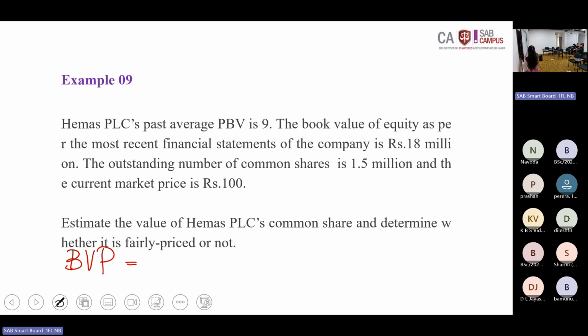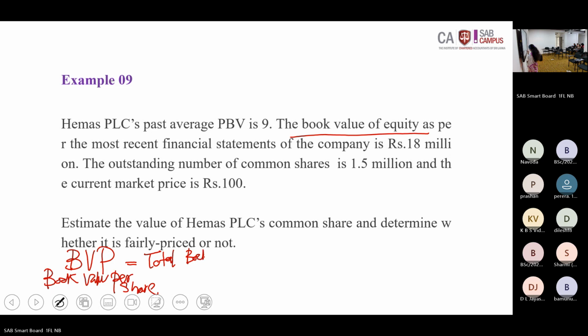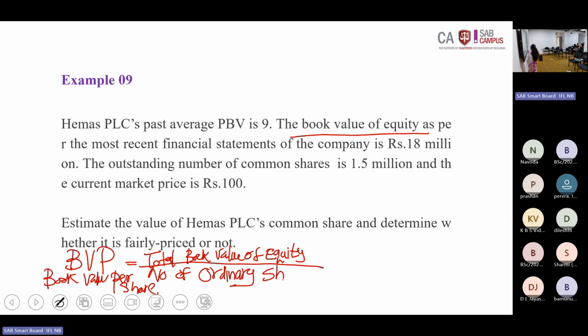Book value per share equals total book value of equity divided by the number of ordinary shares.